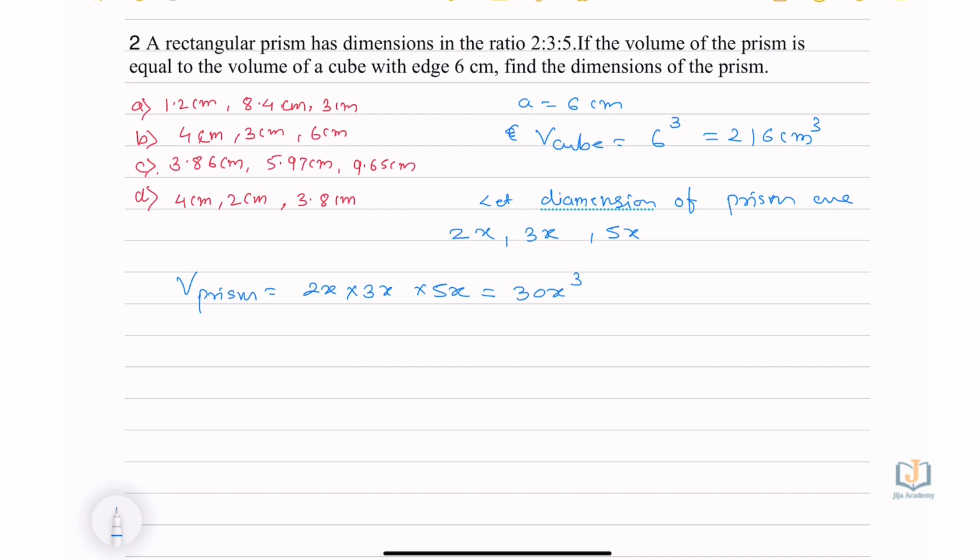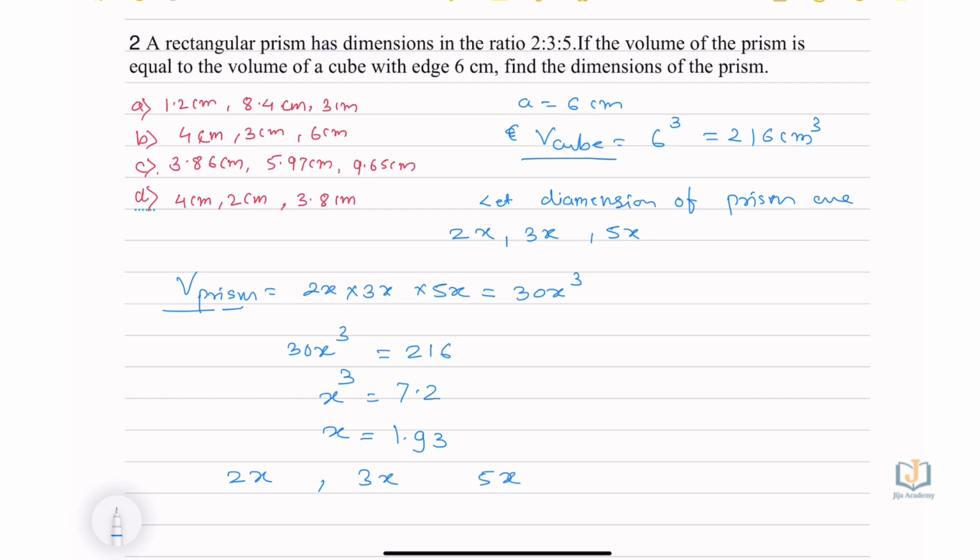Now they are equal in volume, the prism volume and cube volume are the same. So 30x³ is equal to 216. So x³ is equal to 7.2 and x is equal to around 1.93. So we are finding 2x, 3x and 5x.